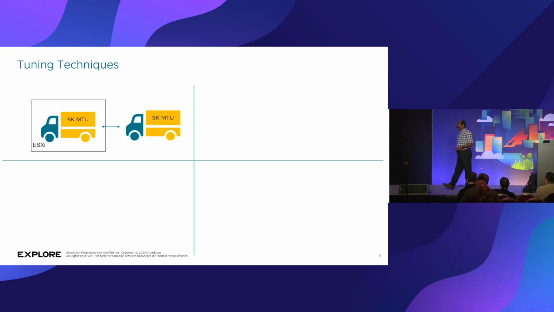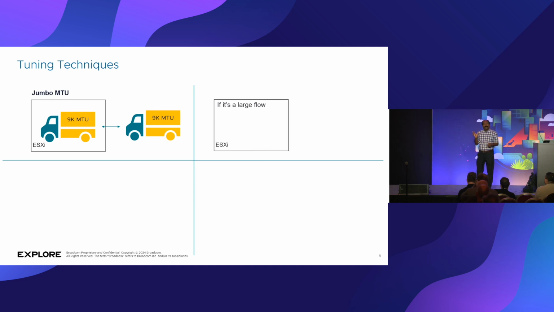Now, if Jumbo MTU is not an option in your networks, then the other way to go is to use something we call TSO, where a large amount of data, when you're sending it out, you basically pack it within the system. It can be as large as 64K, not just 9K, right? 64,000 bytes is what you're processing with every hit on that packet header.